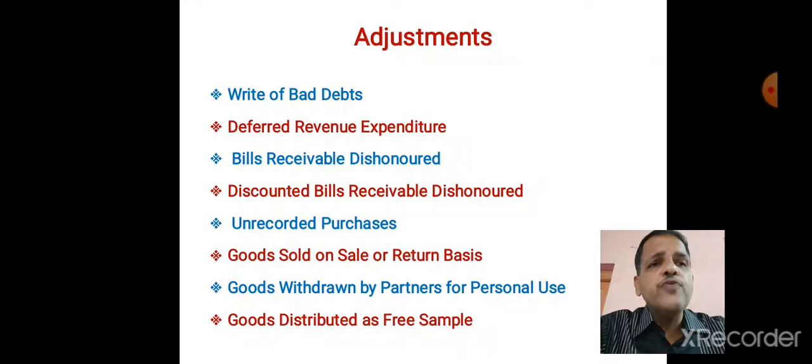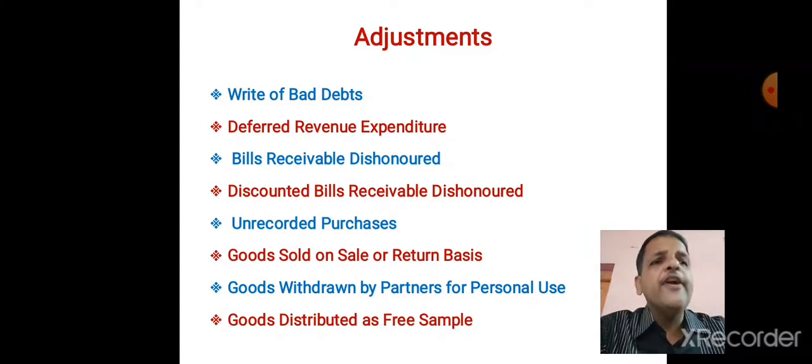Now what effects do we have to give for it? Let us see examples of deferred revenue expenditure. Heavy advertisement expenditure we make, or employee uniforms which may be used for 4-5 years that we give to employees. Those expenditures are called deferred revenue expenditure because they are neither capital expenditure, nor, from their heavy amounts, can we say they are revenue expenditure.